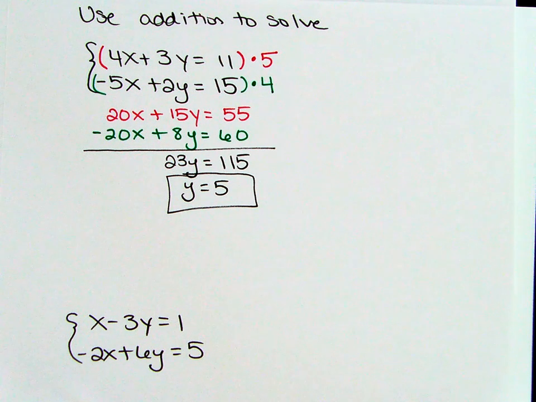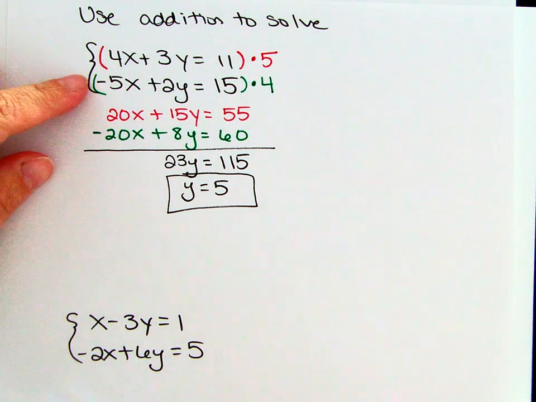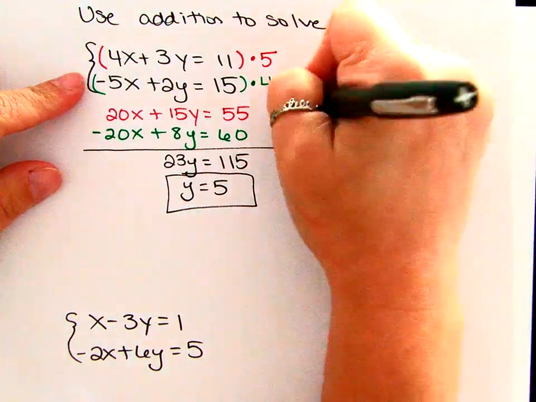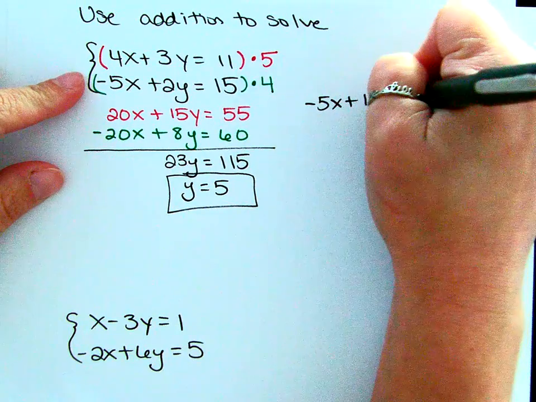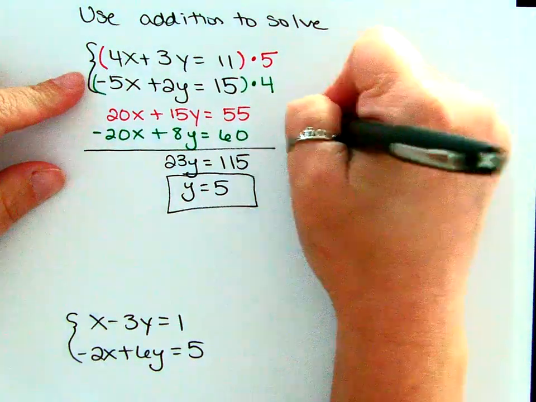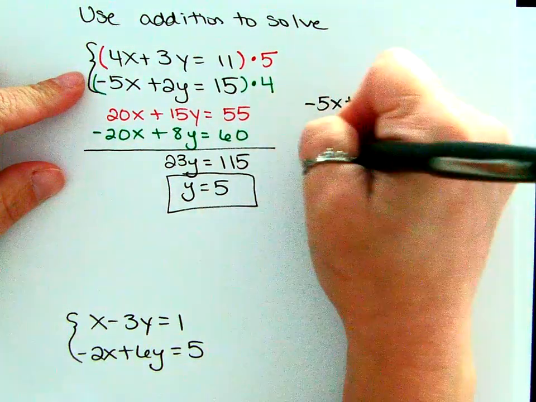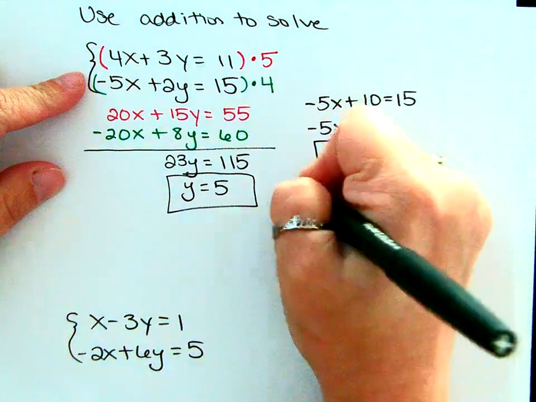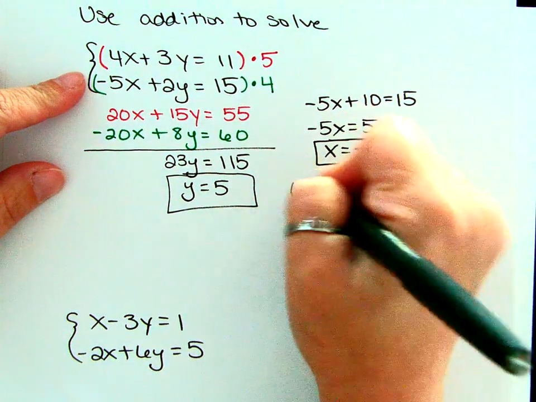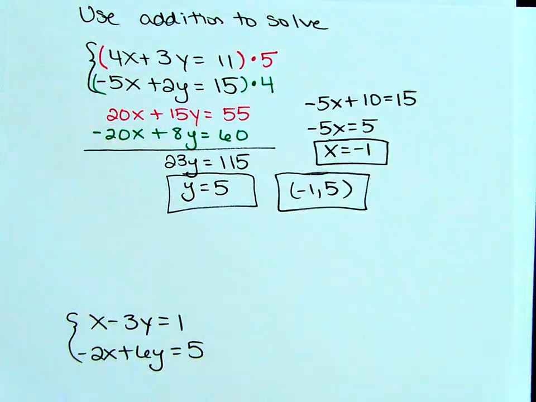I'm going to plug it into the bottom one. And we get negative 1, 5 as our ordered pair. And we could test that. We could plug in negative 1 and 5 into both of those equations and make sure we get true statements.